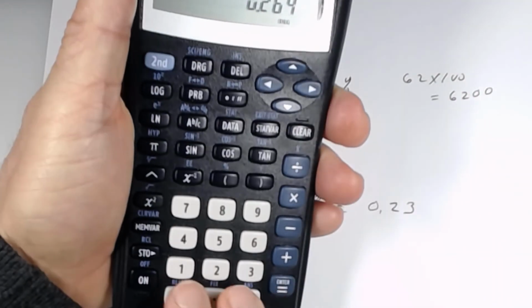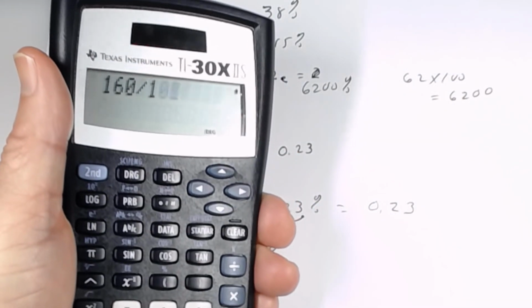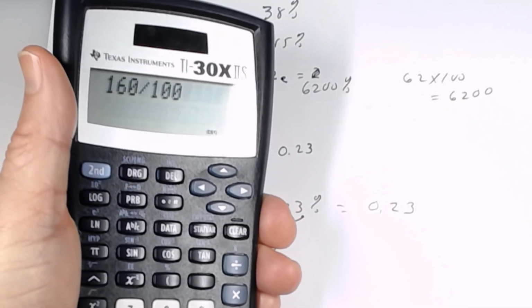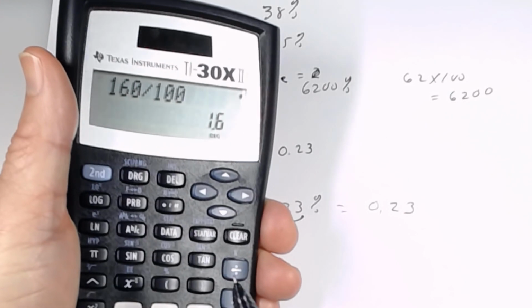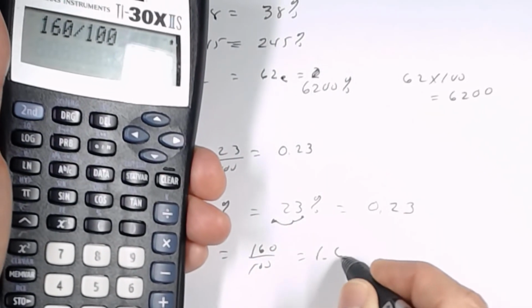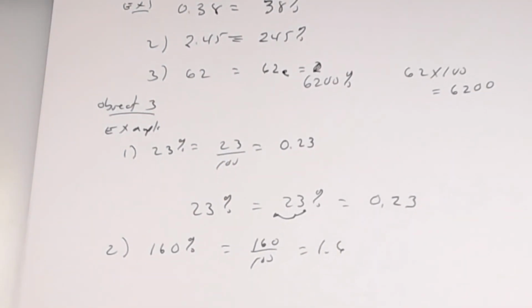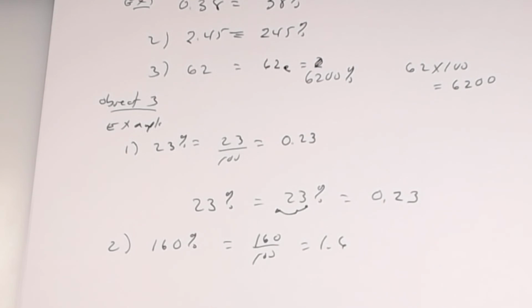And so if you put 160 divided by 100 on your calculator, you get 1.6. Okay, so 1.6 as a percent is 160%. 160% as a decimal is 1.6.